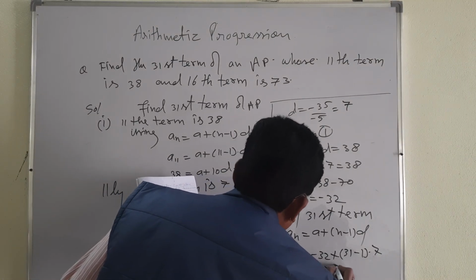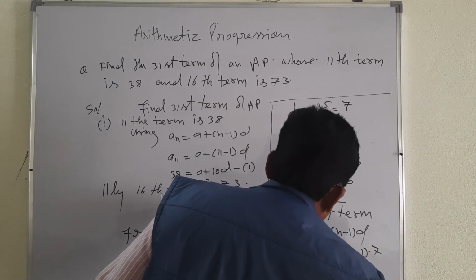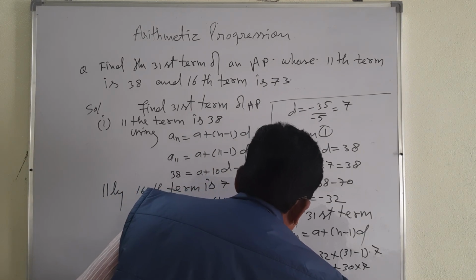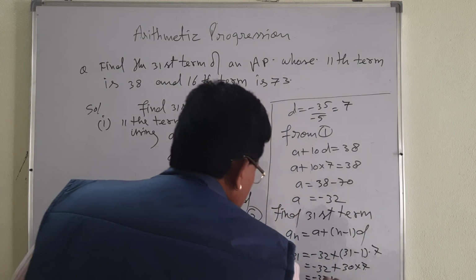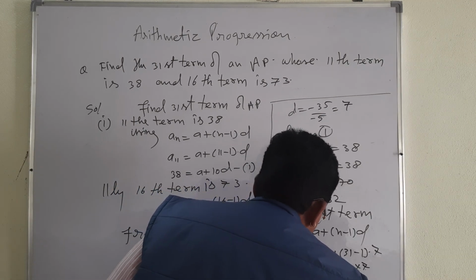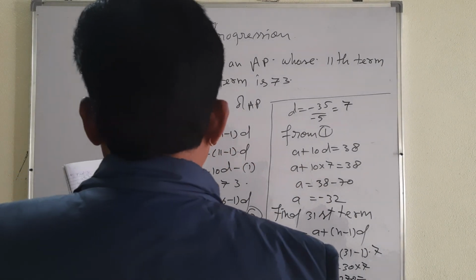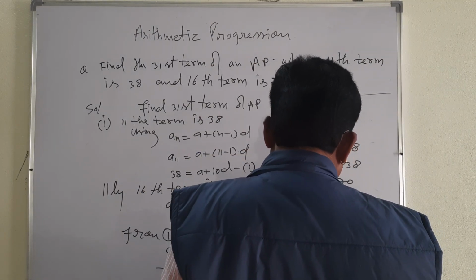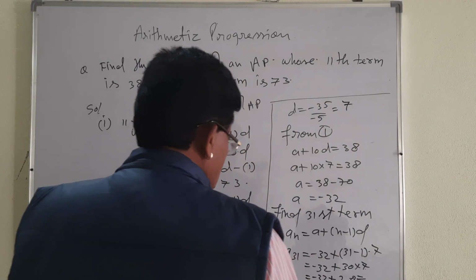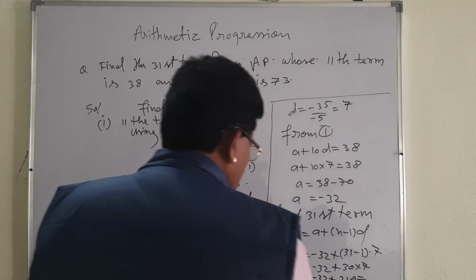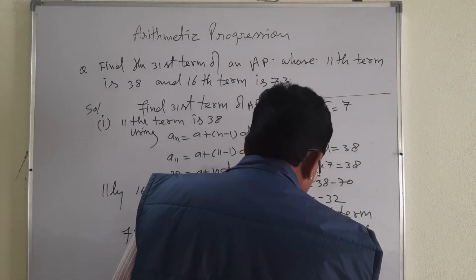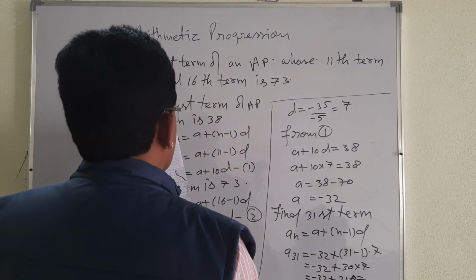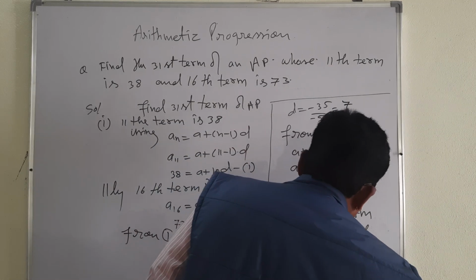Minus 32 plus 30 into 7. 30 into 7 is 210, and minus 32 plus 210 will be 178.